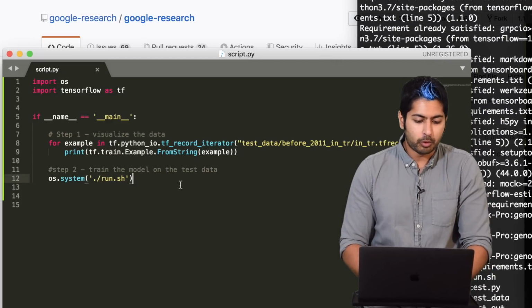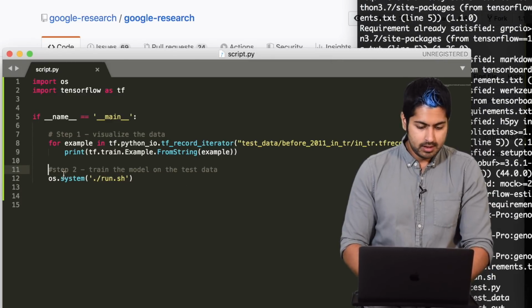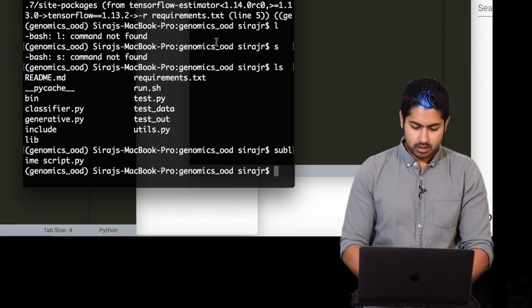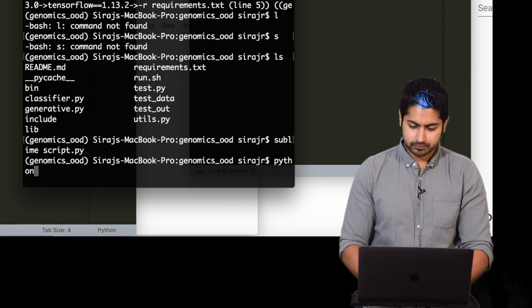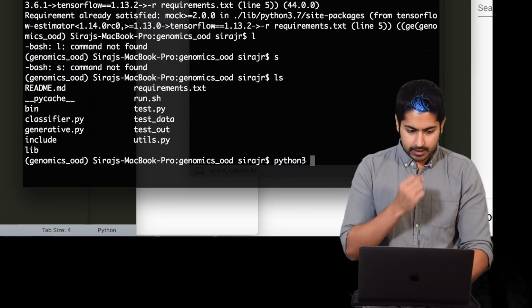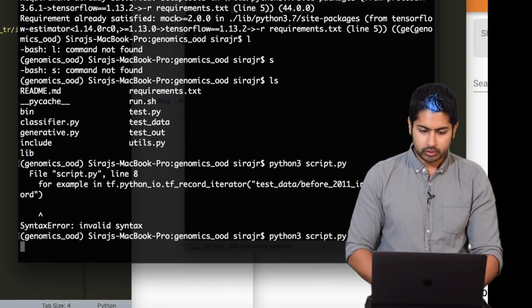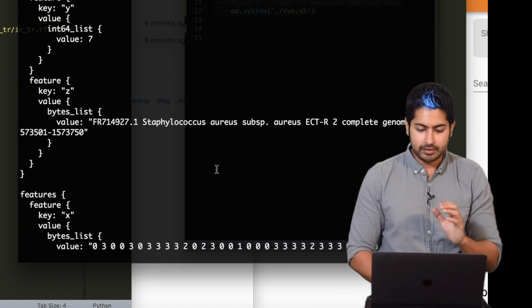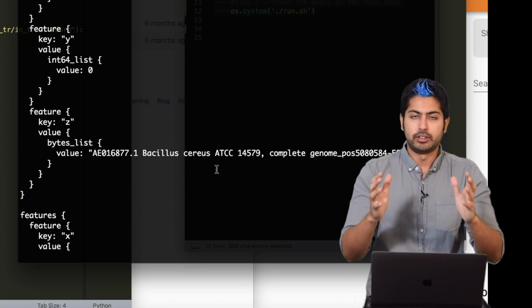Okay, so actually first, before we even do, let's just comment that out. Let's just see what it looks like. Python 3 script.py. Okay, so now we have printed out all of those data points inside of that TF record, and we can actually visualize it, see what it looks like.